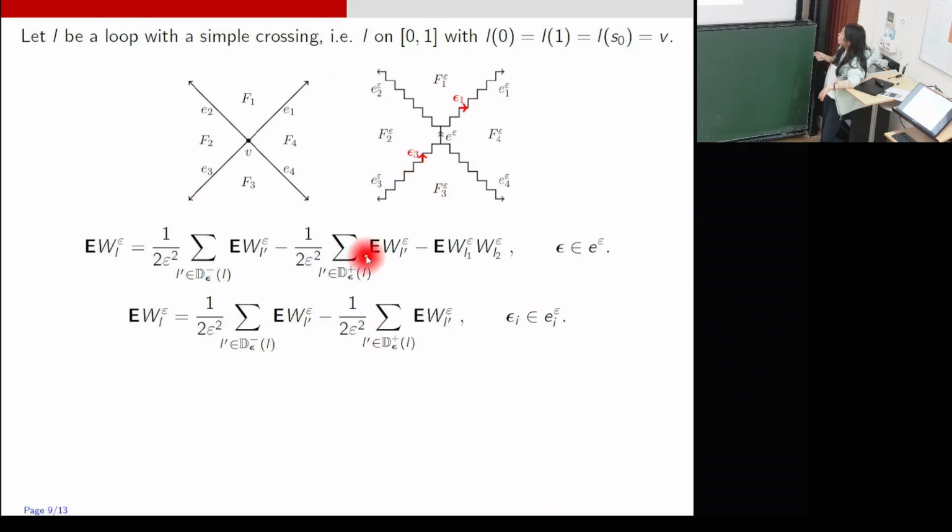For example, if we choose a bond, this E epsilon, this E epsilon can be viewed as a lattice approximation to this vertex V here. And we will go along it twice here. So in this case, if we consider this master loop equation with respect to this bond, we have this deformation part, and we also have this splitting part.